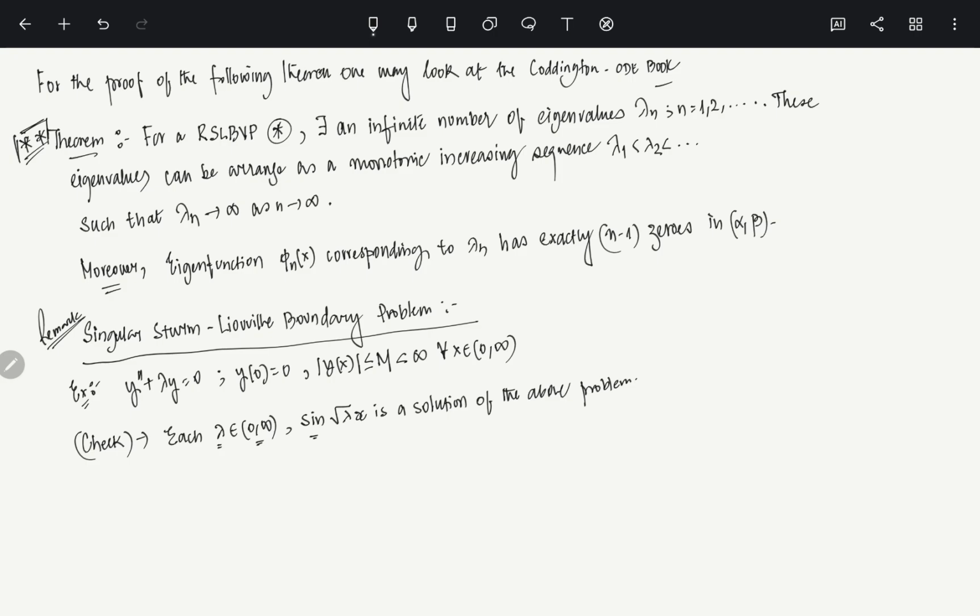So eigenvalues are any value between 0 and infinity, with eigenfunctions sine of root lambda x. It is not guaranteed that the spectrum will be continuous for a singular problem, but it may be continuous. In a regular Sturm-Liouville problem, it cannot be continuous; it has to be discrete.